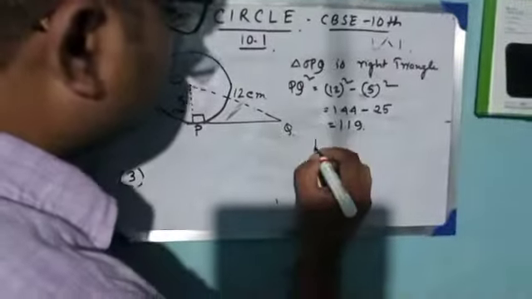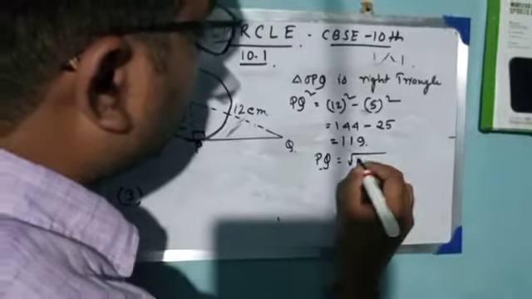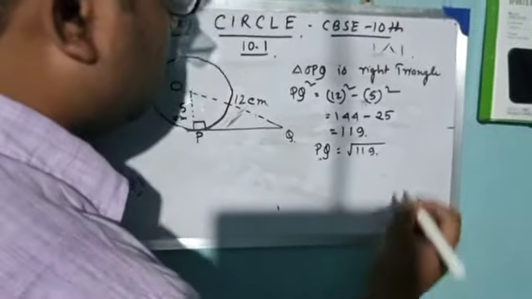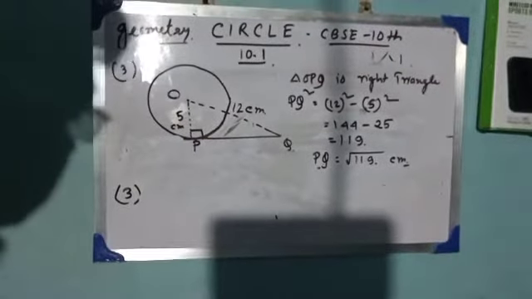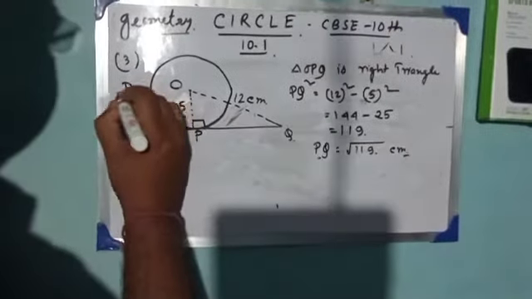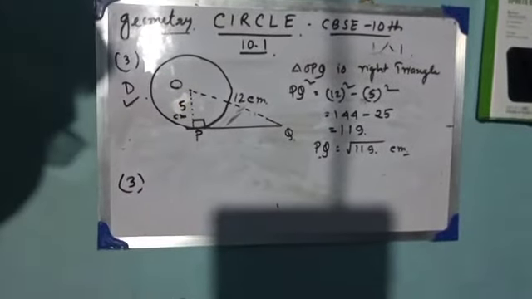So PQ is equal to root 119 centimeter. So option D will be the correct option.